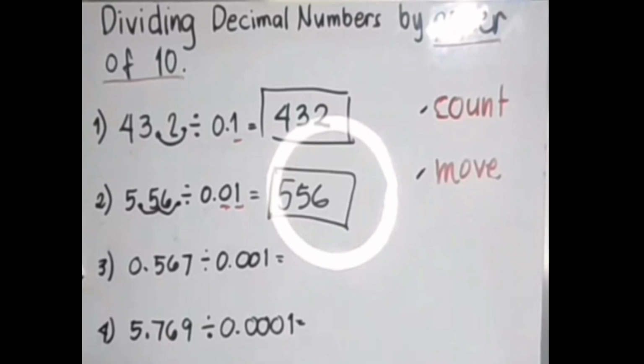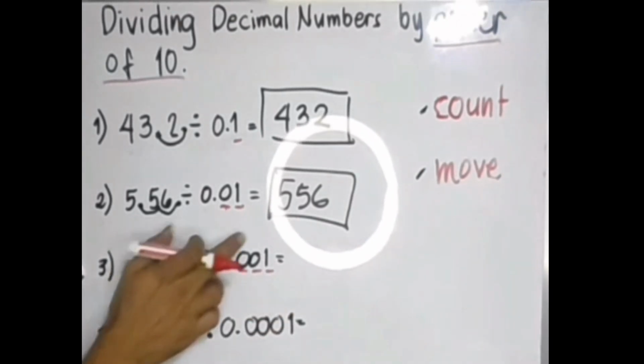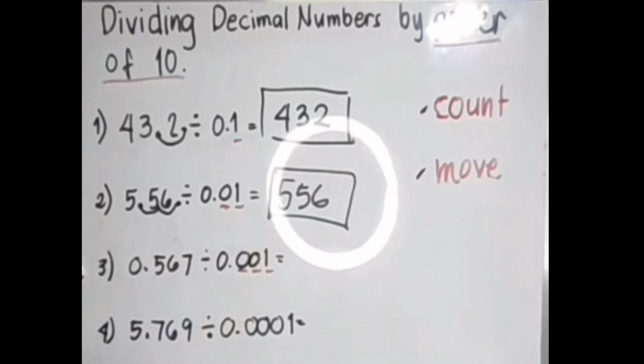Okay. Let us have number 3. Okay. So, the first step is count. Bilangin natin ang decimal places sa ating divisor. We have 1, 2, 3. We have tenths, hundredths, and thousands. 3 ang decimal place natin. The next step is move. I-move natin ang ating decimal point from left to right, mula sa kaliwa papuntang kanan.